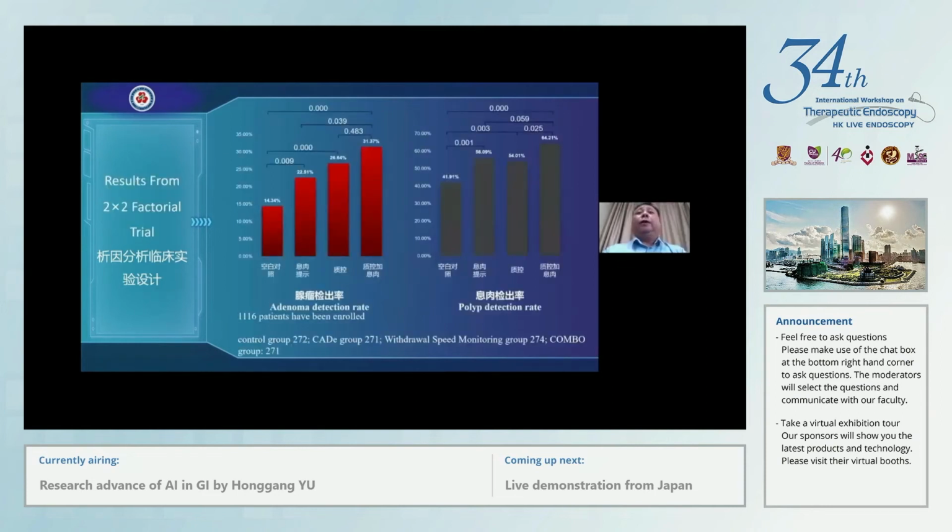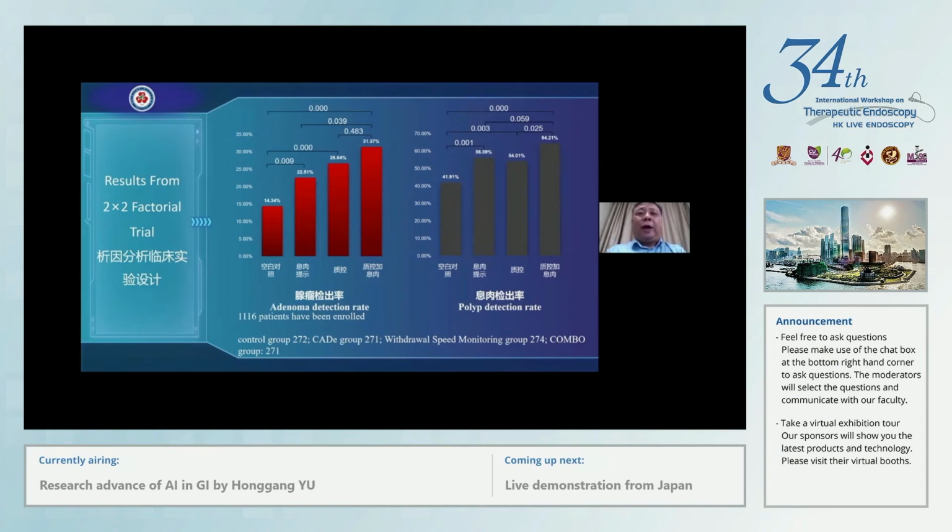I really like this result. You can see in the control group, although my colleagues withdrew the colonoscope for more than 6 minutes, they could only achieve an ADR of 15%. But CADE can largely improve the ADR to 22%, and quality control improves it even more than the CADE function.